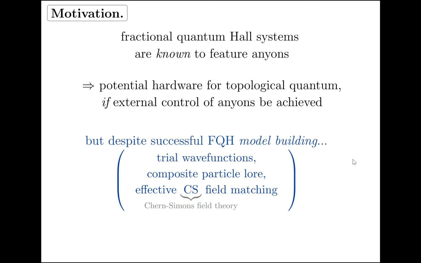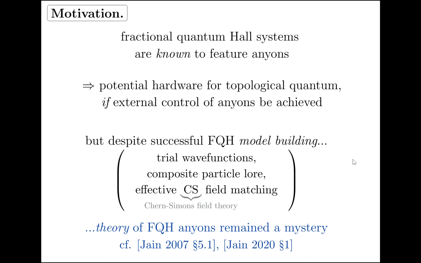Now, despite successful FQH model building, very successful over the last 30 years, involving trial wave functions, Laughlin-Moore-Read wave functions, composite particle lore, and effective Chern-Simons field matching, the theory of FQH anions actually has remained a mystery. This is not highlighted that much, but it's an open secret.